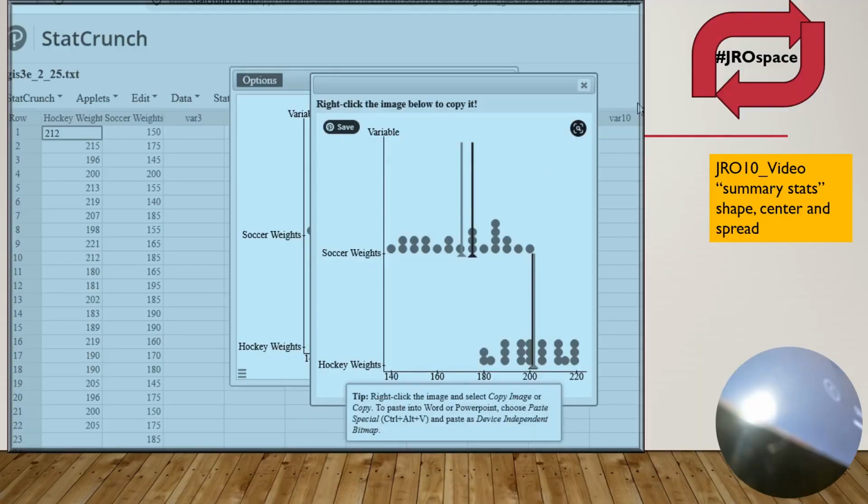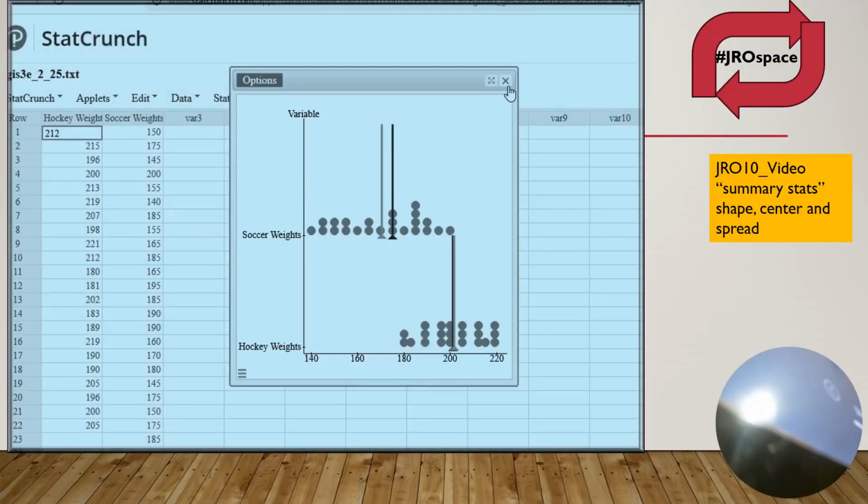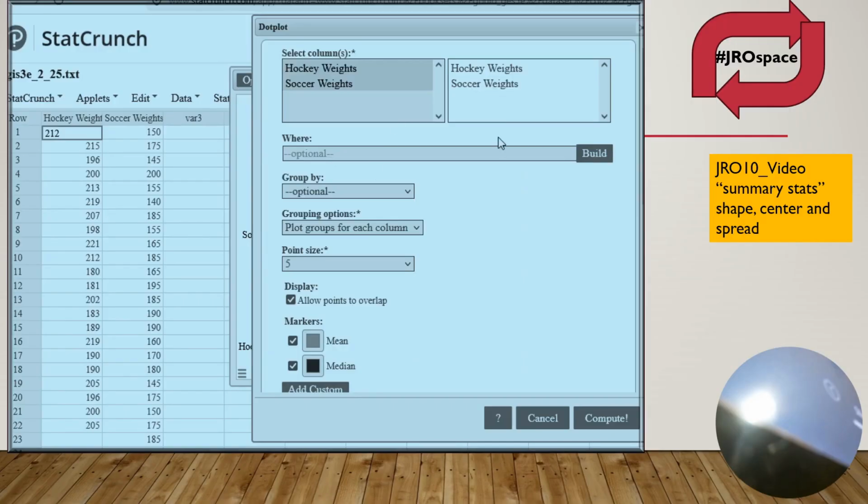That one turned out pretty good with the dot plots. Even once you get it made, you can edit it. You can go back and check what you're grouping by.